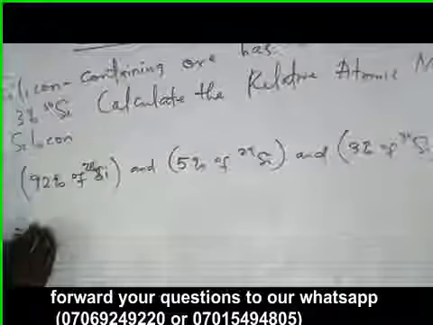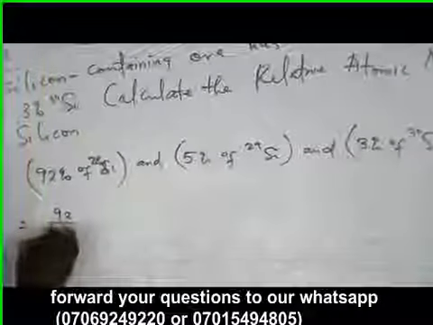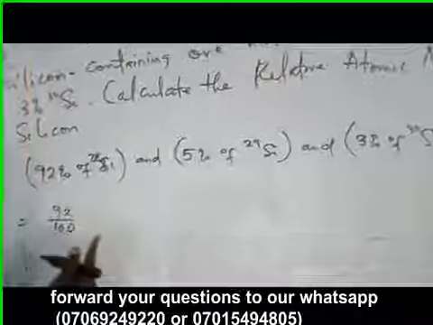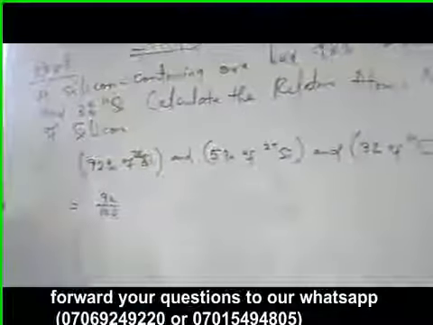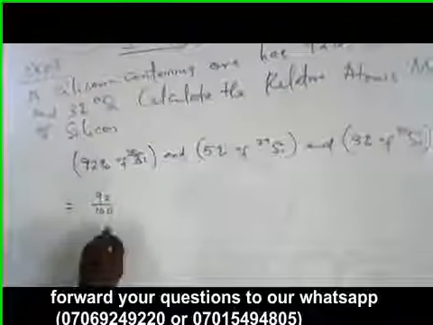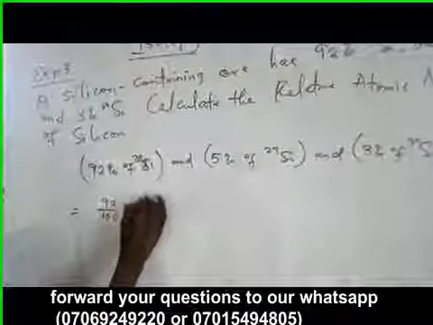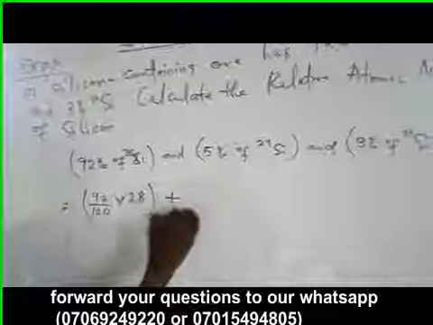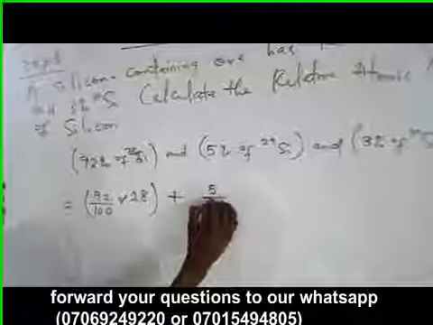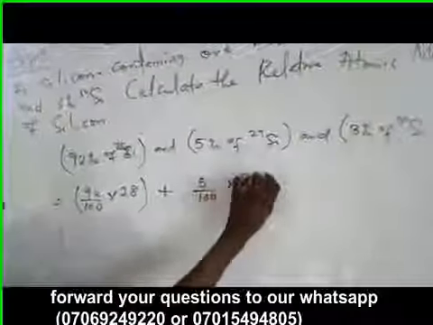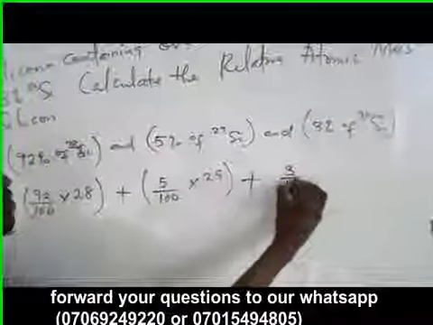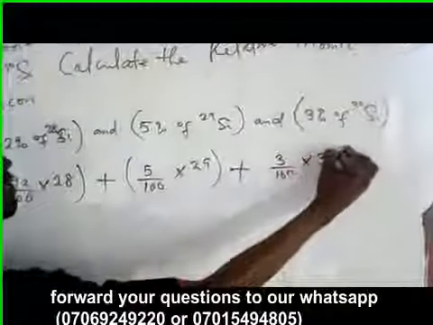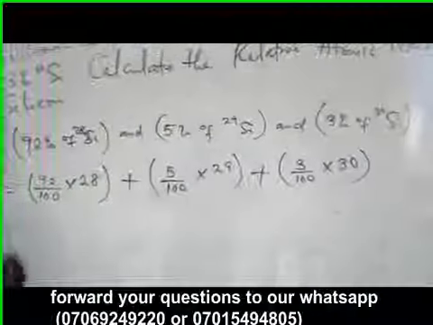So we are going to have 92 over 100, since the question is talking in terms of percentage, and in percentage every figure adds up to 100, times 28, plus 5 over 100 times 29, plus 3 over 100 times 30.